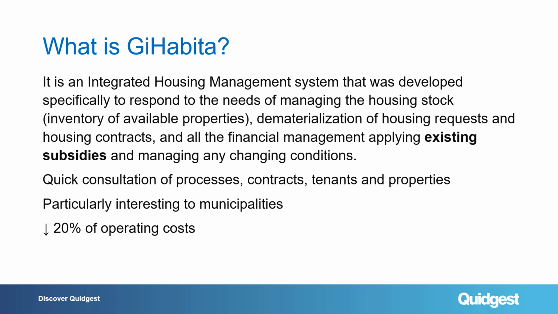Quick consultation of processes, contracts, tenants, and properties, particularly interesting to municipalities. We estimate a reduction of 20% of operating costs while using an integrated housing management solution versus other methods.